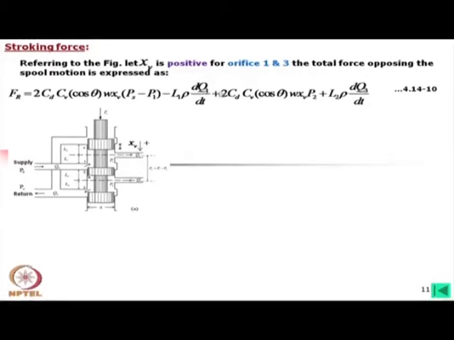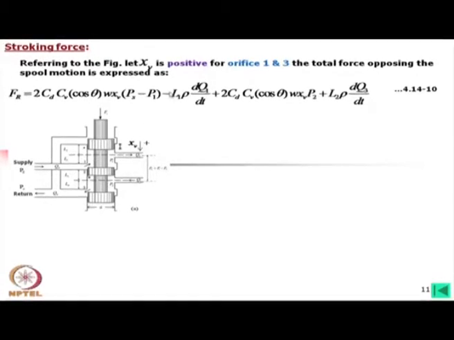In this case, for port 1, this part is minus. This is the transient part, and where this is a plus, it means one is opposing the other. The flow is going inside, so this force is acting in this direction, whereas the other transient flow force is acting in this direction.